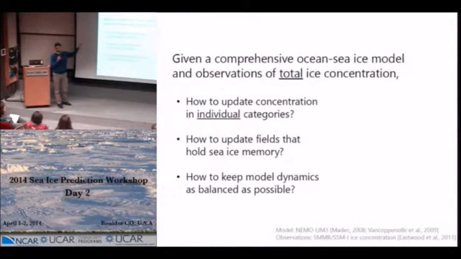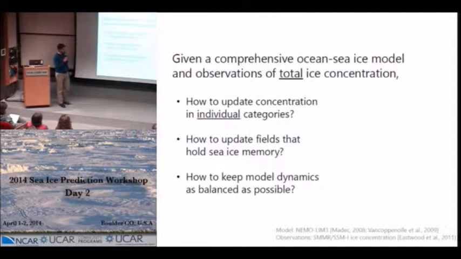How do we update the variables that are not observed? The second point is, how do we make sure that we pour the necessary information to give the necessary memory in the system, and to improve the prediction? And the third question is, how do we make sure that we keep the system at all times in good dynamical balance?